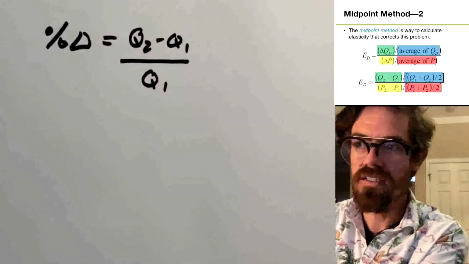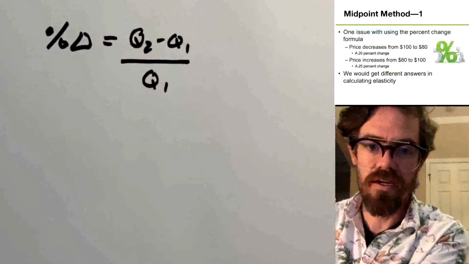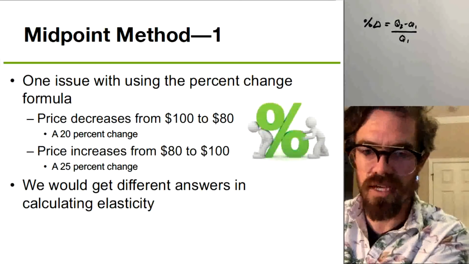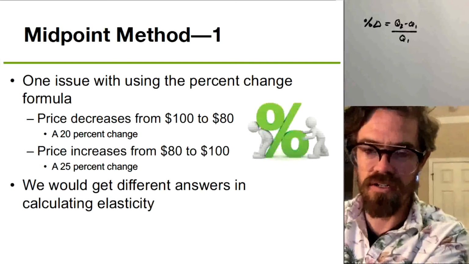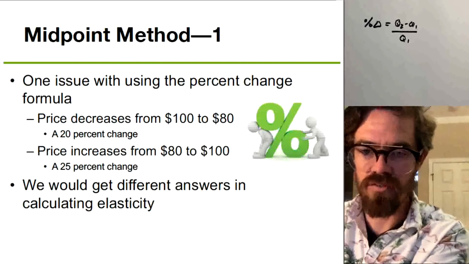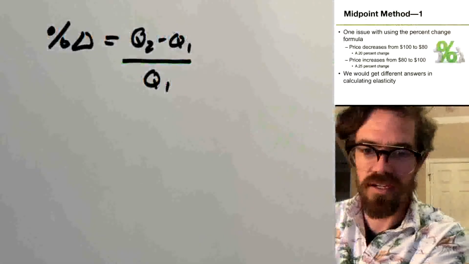But as we saw back here in this example, that creates some potential issues for us when we calculate elasticities. And so, we don't really want the elasticity to depend on whether we're going from 100 to 80 or 80 to 100. We'd like it to spit out the same elasticity number, regardless of whether we're going from 100 to 80 or 80 to 100. So that's why we're using the midpoint method, okay?